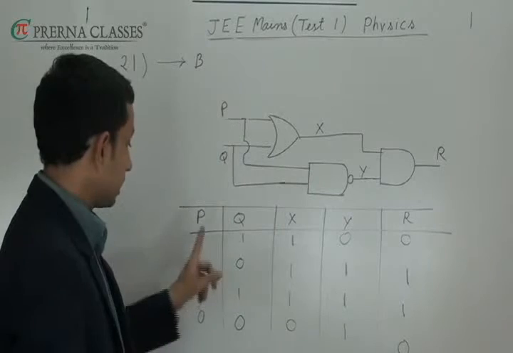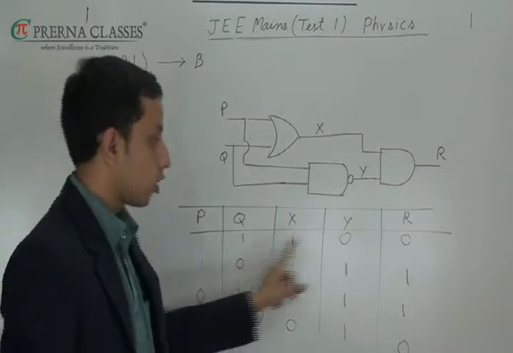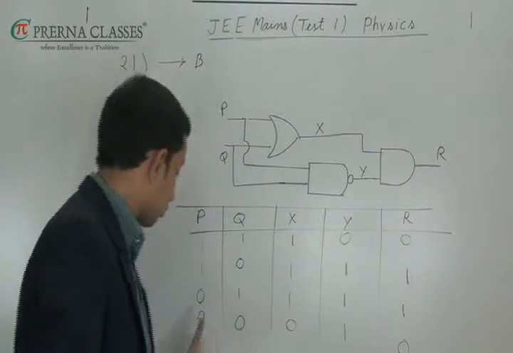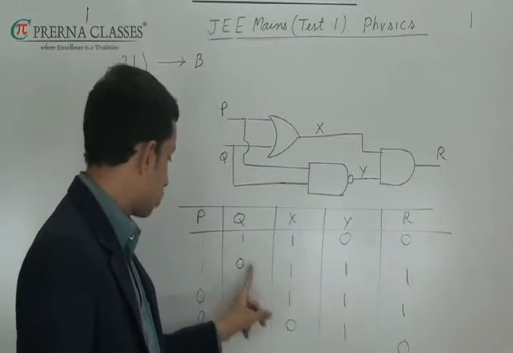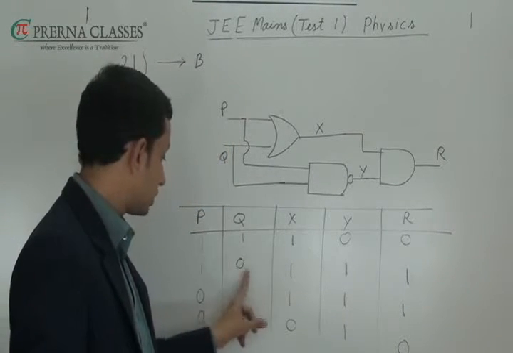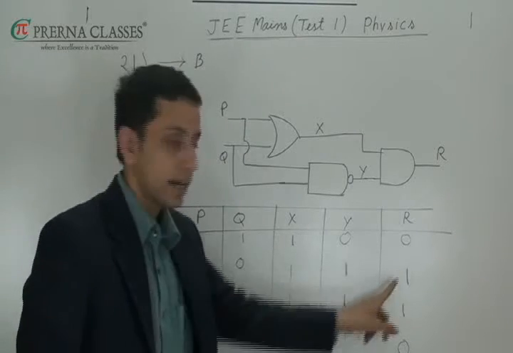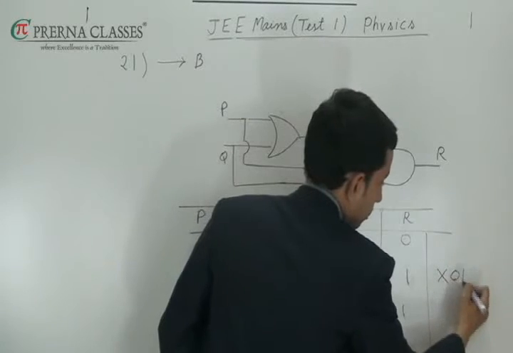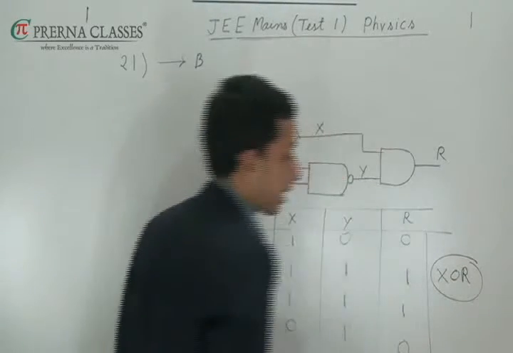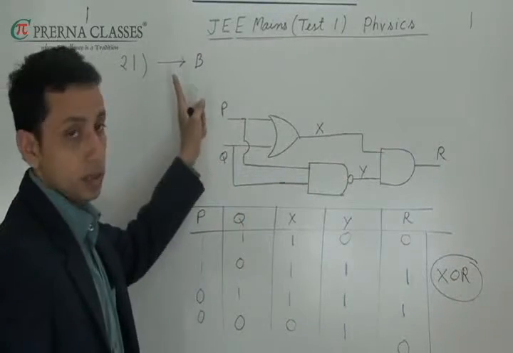So we can see that if both are 1, output is 0. If both are 0, output is 0. And if these two values are different, 1 and 0 or 0 and 1, we are getting 1. So this is an example of the XOR gate, which is called exclusive OR gate, and the option will be B.